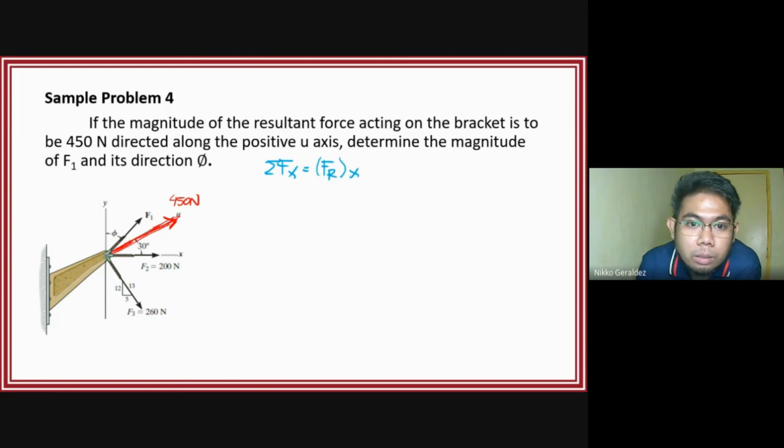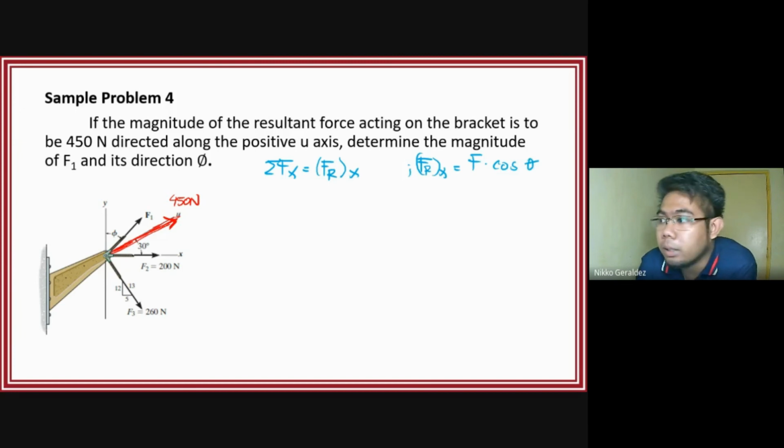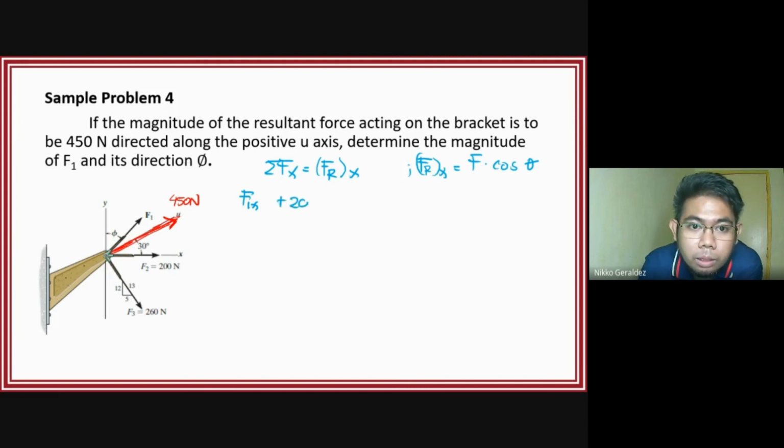X component of the resultant force, ang formula natin is F times cosine theta. So una, hanapin natin x components. So x components of F1, tawagin natin siyang F1x. Then x component of F2, to the right, so that is positive 200 newtons.